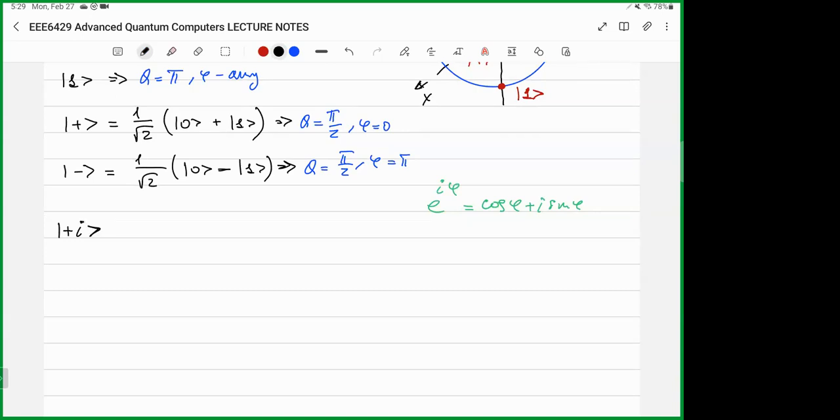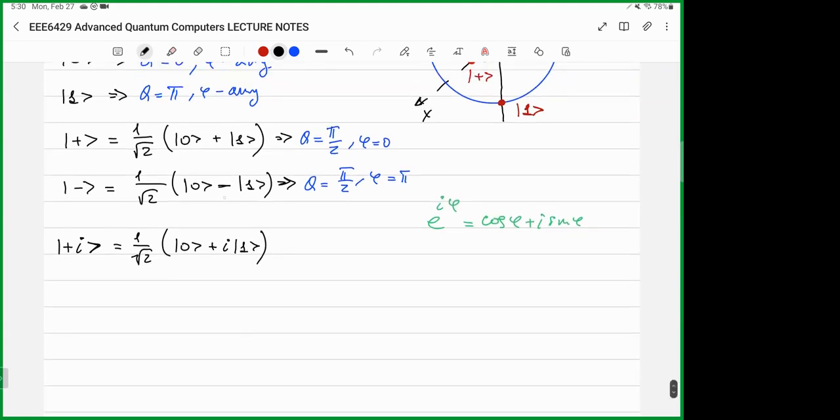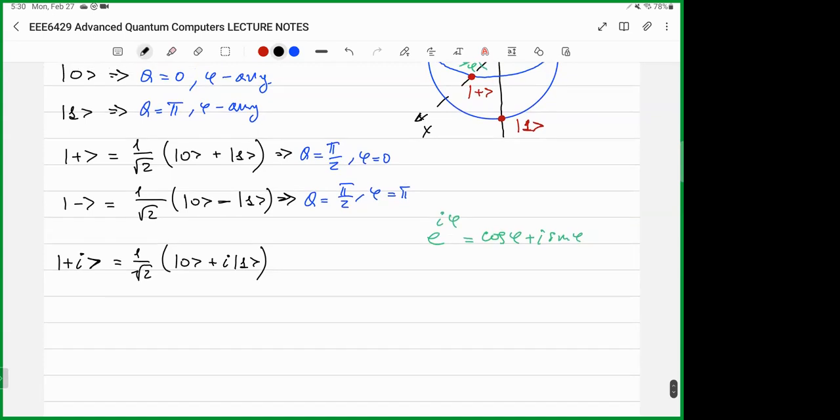The state plus i is again the superposition of two states. So it's 1 over square root of 2, and then here 0 state plus imaginary unit times state 1. So this is the difference: the phase before the state 1.